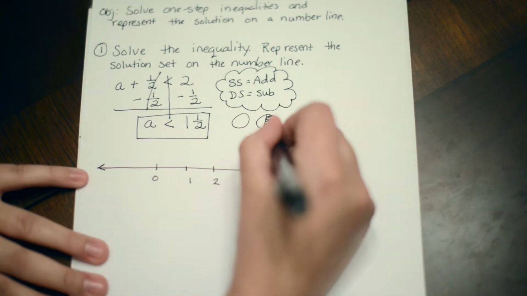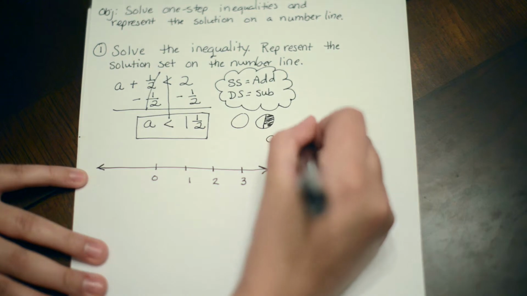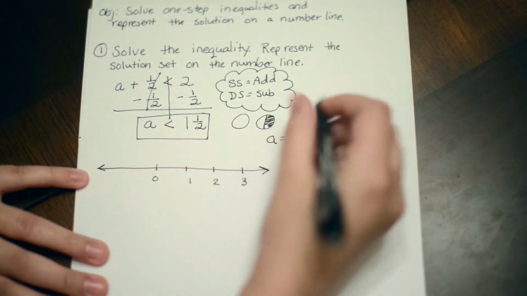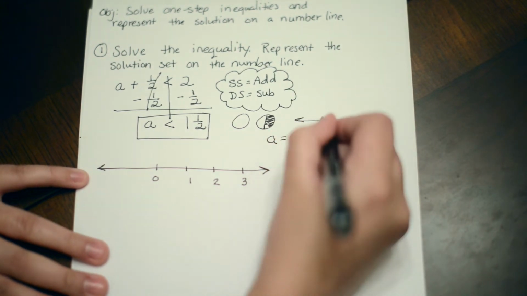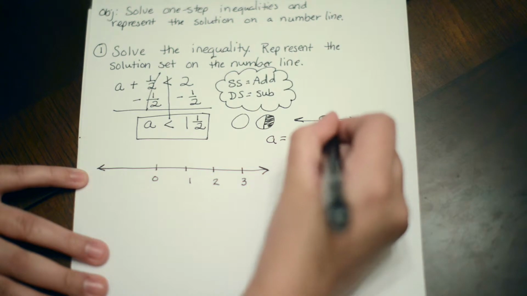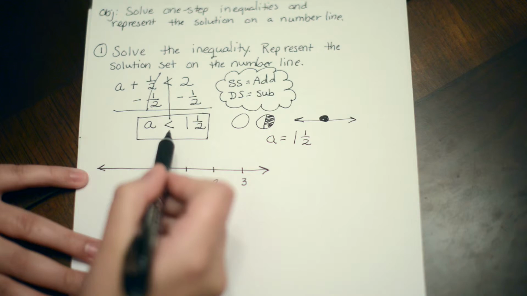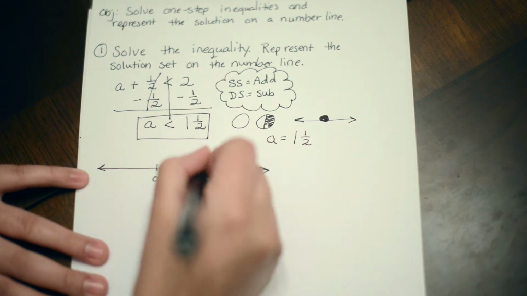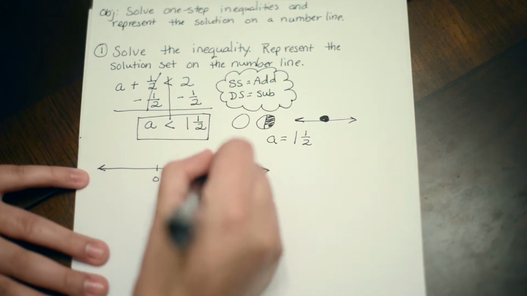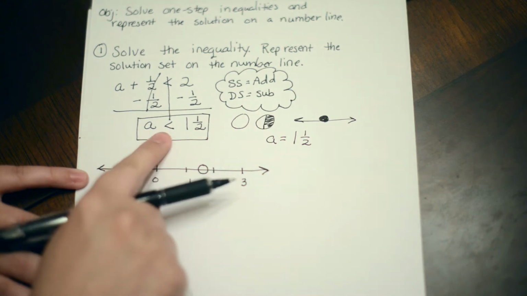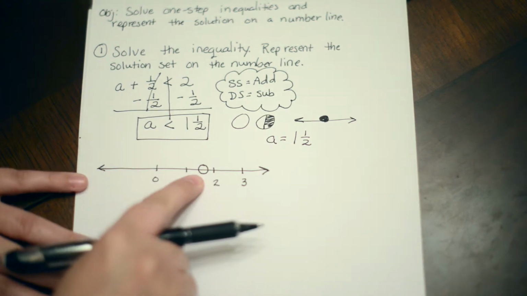Remember, when it used to be equal, we would find our number on the number line, circle it, and color in the circle. But this time it's not equal. So you're going to draw a circle in its spot, but since it's not equal, you leave the circle open.